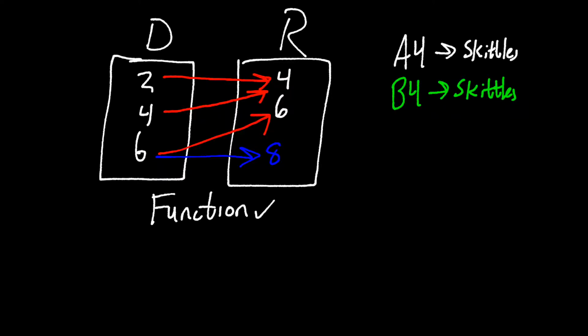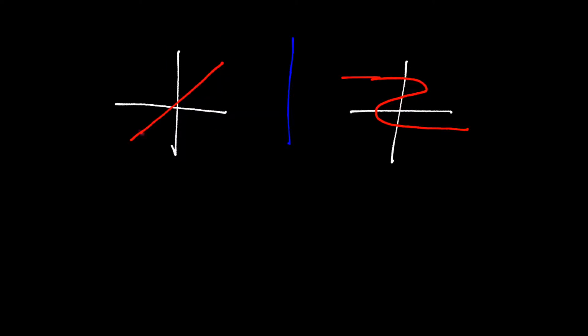Okay, now let's look at the very, very simple way to determine how a graph can tell us whether or not it is a function. Here I have 2 random graphs that I've drawn, and let's say that I want to determine whether or not one or the other or both is a function.